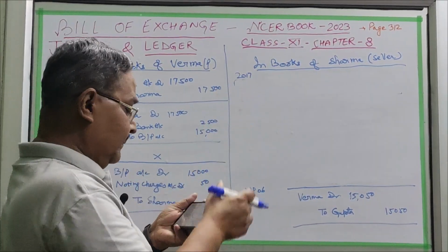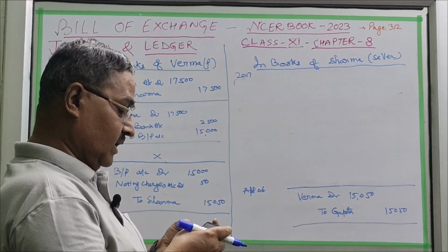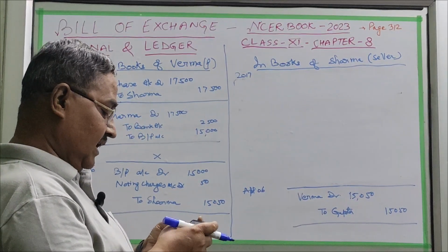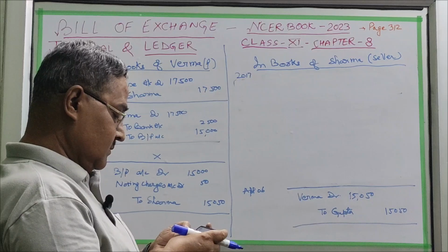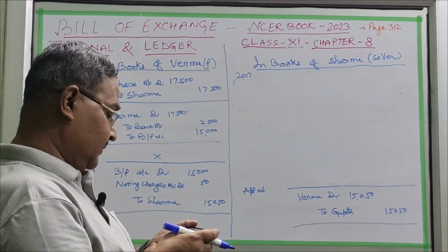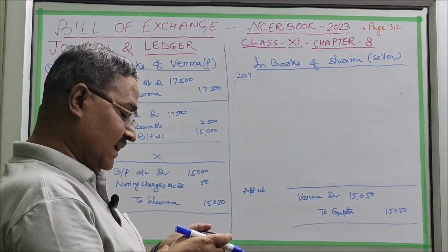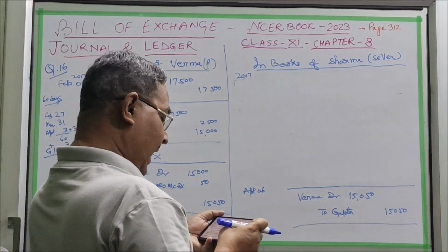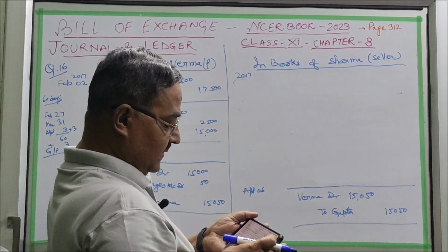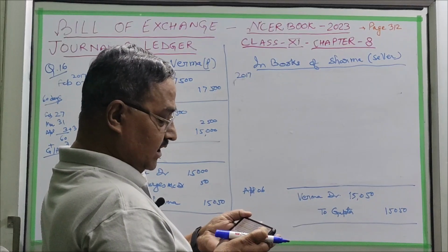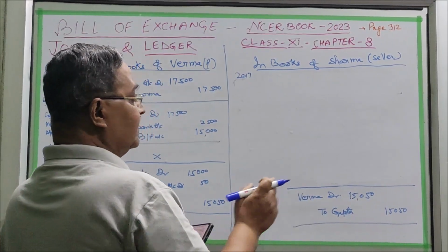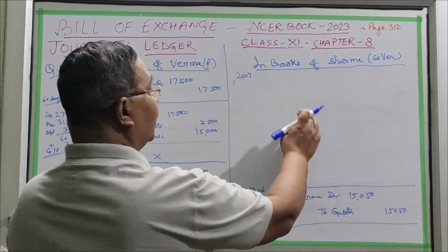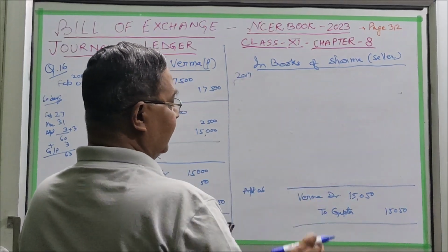Now further, what happens? On the same day, Sharma settled his debt to Gupta by paying him 15,500, which includes noting charges and interest. It means 450 rupees as interest Verma is charging.